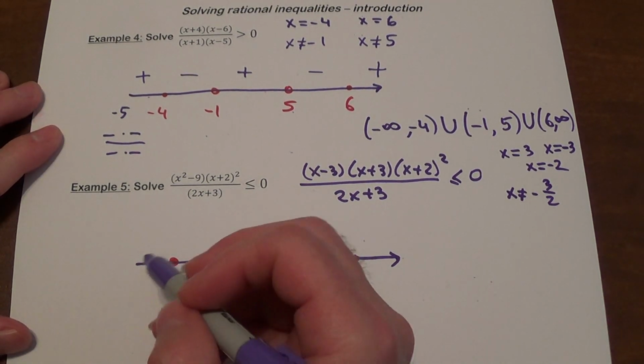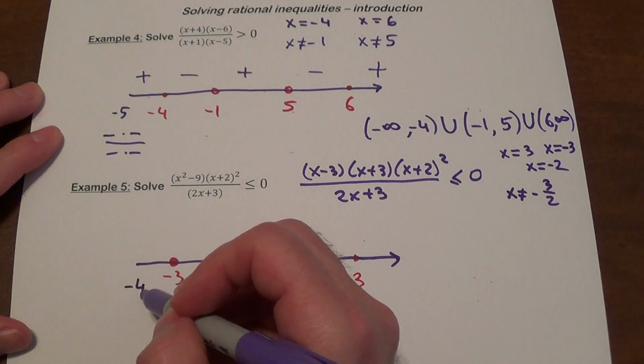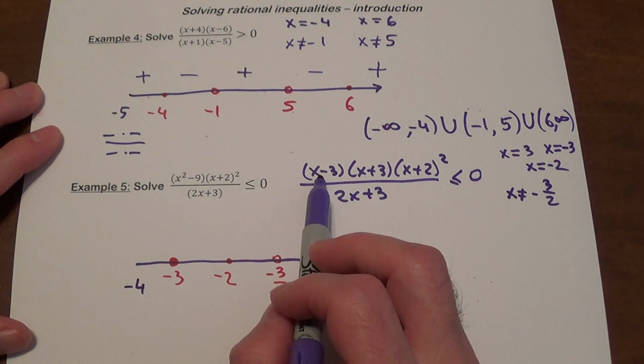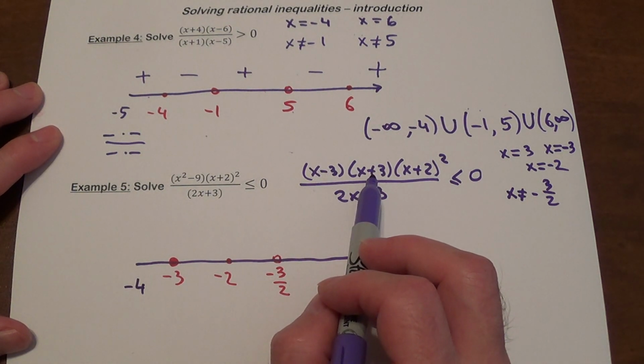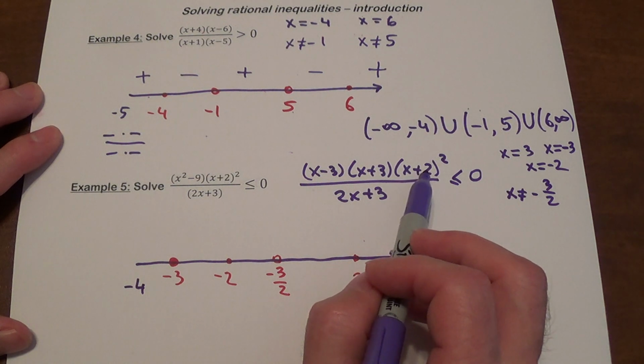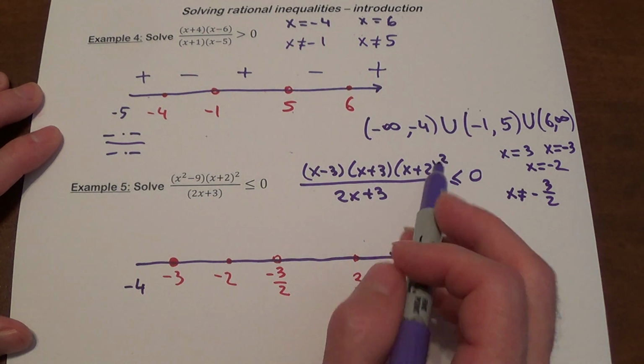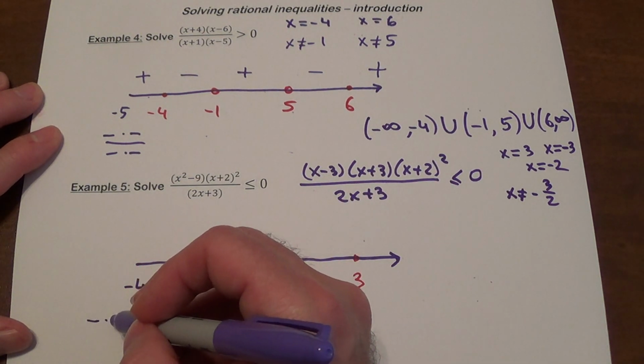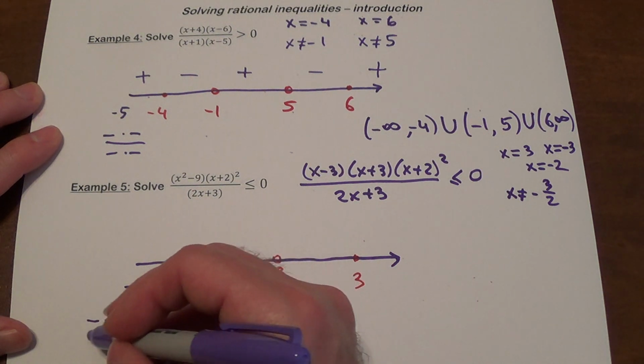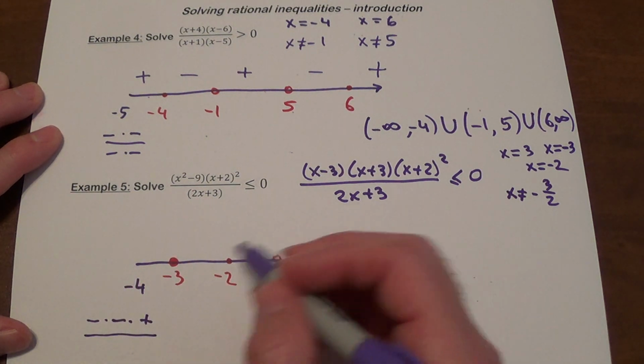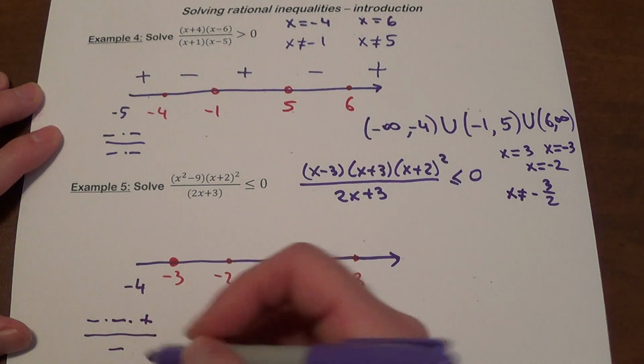So if I pick a point here, let's say I pick negative 4, this is negative. Negative 4 plus 2 is negative, but when you square it, it's going to be positive. So we have negative times positive divided by the bottom, which with negative 4 will be negative as well.